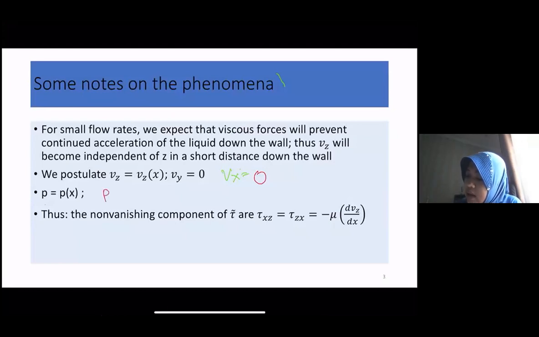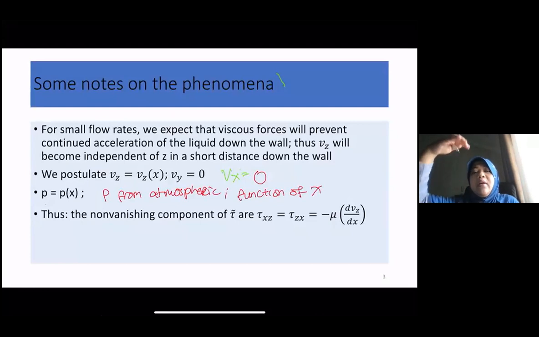So P from atmospheric, and it is only a function of x as well. If you think about it, with the atmospheric pressure and then a function of x, it's because of the hydrostatic pressure.